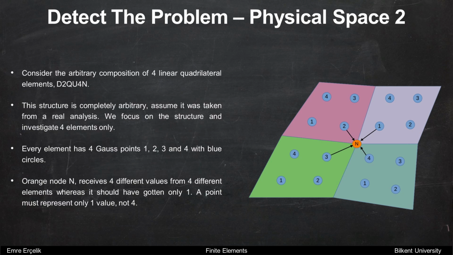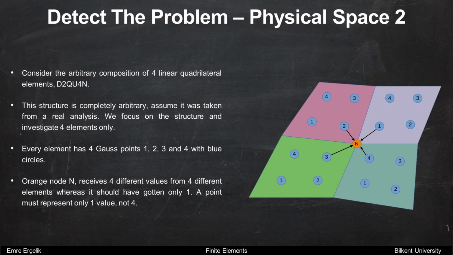Consider the arbitrary composition of 4 linear quadrilateral elements, or in other words, D2Q4n. This structure is completely arbitrary. Assume that it was taken from a real analysis. We focus on the structure and only investigate 4 elements.